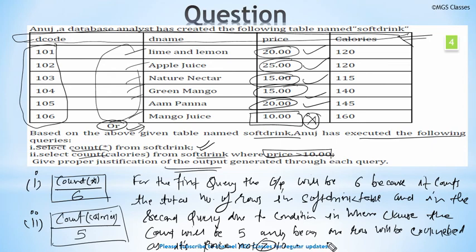You will write that it is not greater than 10. That way you can explain the reason for this justification, so that way you can easily answer this question.